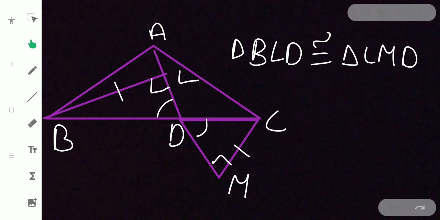So by angle, angle, side, DM is equal to DL.